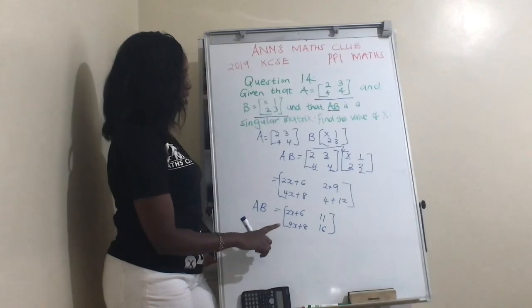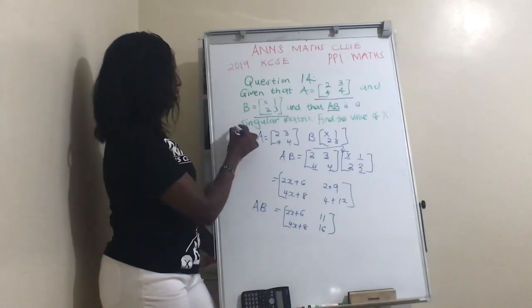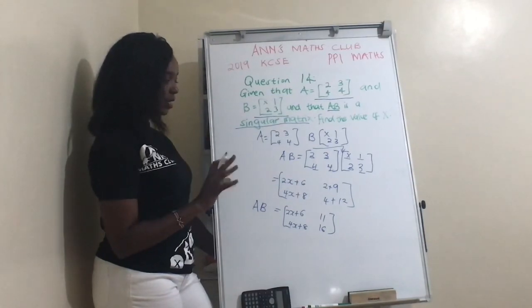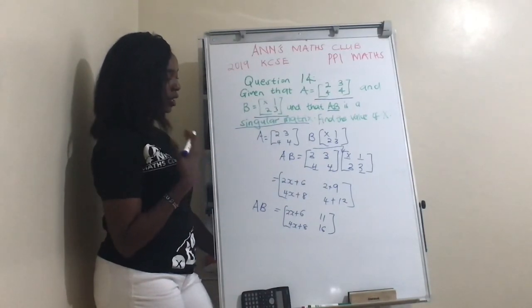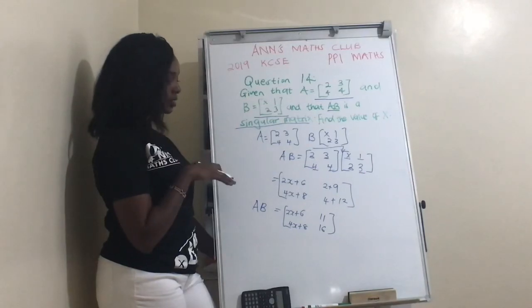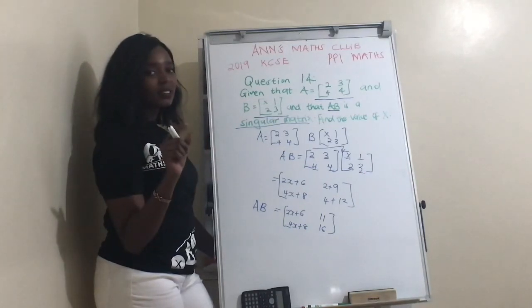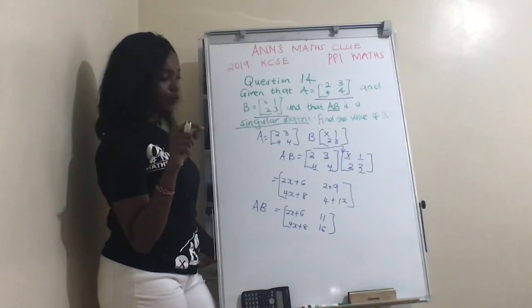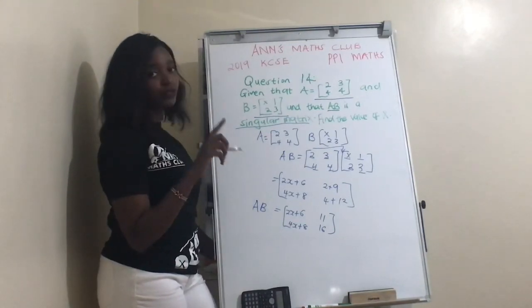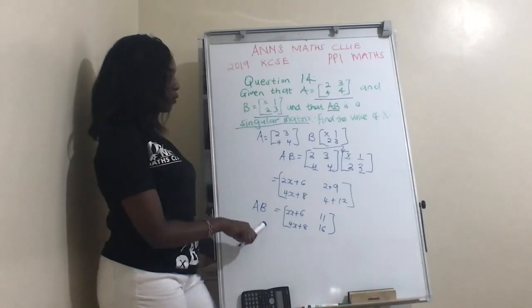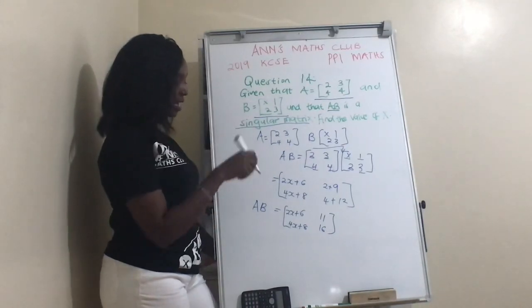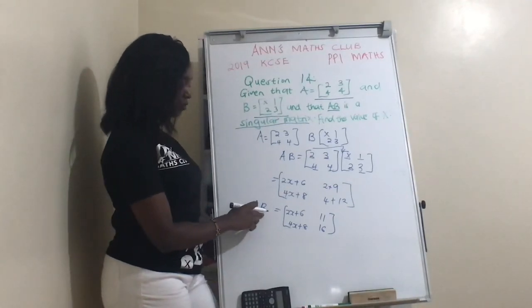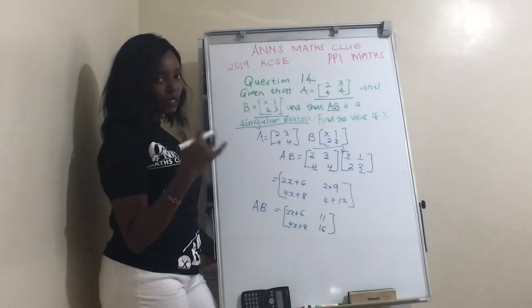Now that we have AB, remember we've been told AB is a singular matrix. So what does a singular matrix mean? Remember, when reading about the concept of matrices, we know that a singular matrix is when the determinant is equal to 0. The determinant of the matrix is equal to 0. That is when we call it a singular matrix. And again, what is the determinant? When finding the determinant of AB, that is the first step we need to do.